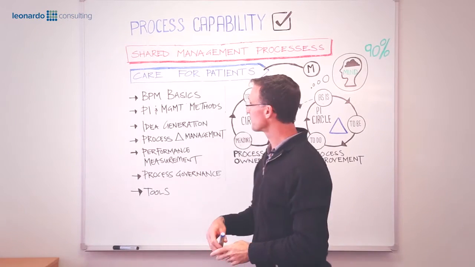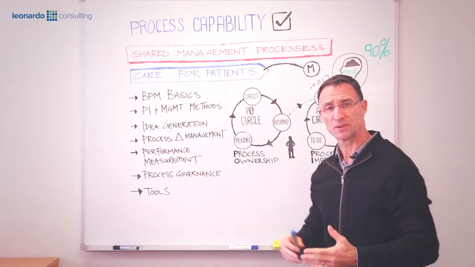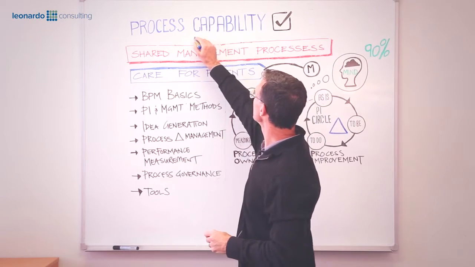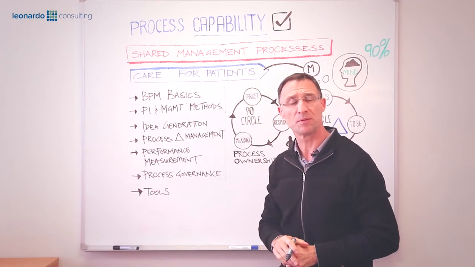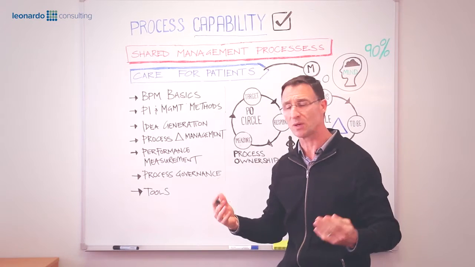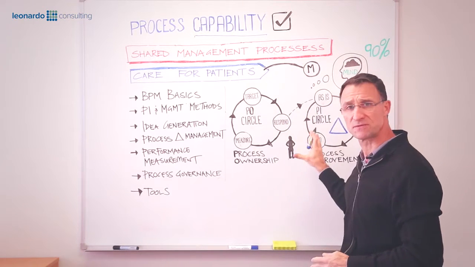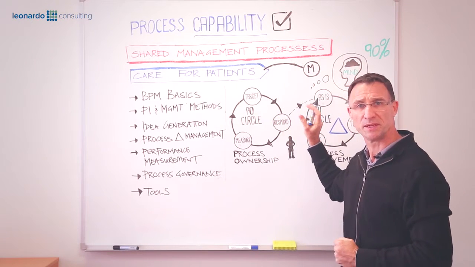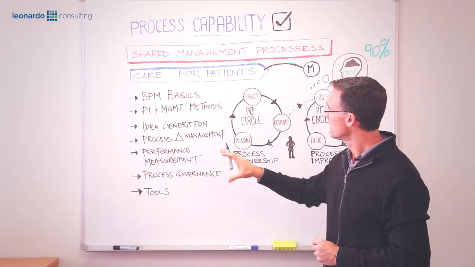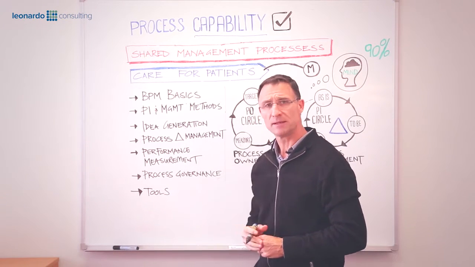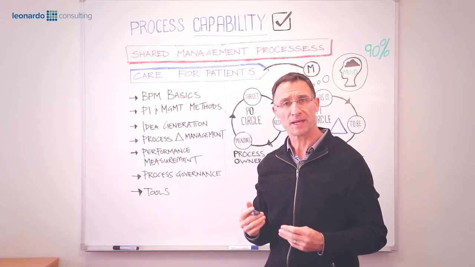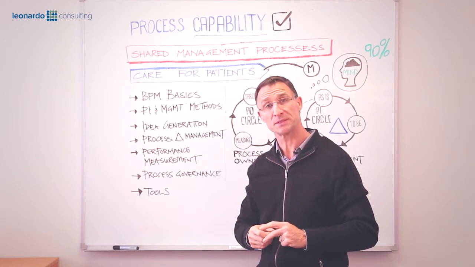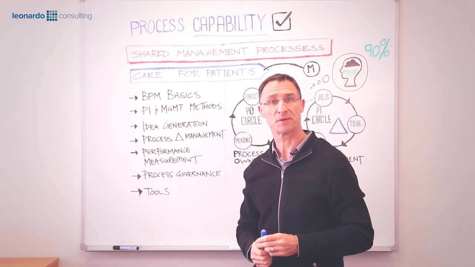So having said that, what are the capabilities which we are looking at? Today we're looking at the business process capabilities within an organization to allow them to get successful change, successful improvement, and process management. These are the key capabilities that you would require in your business to achieve proper business process management.